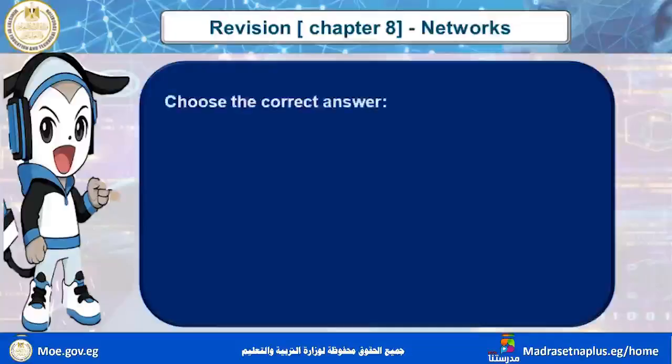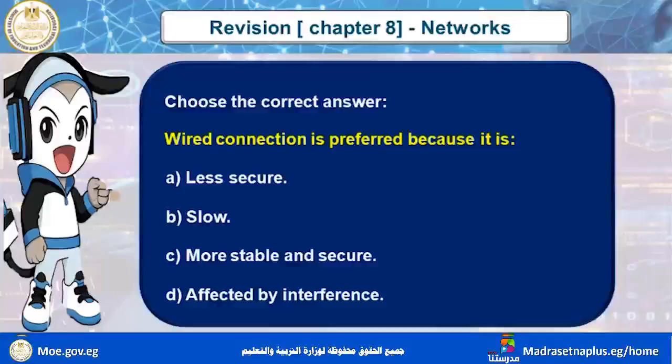Choose the correct answer. Wired connection is preferred because it is less secure, slow, more stable and secure, affected by interface. Yes, correct. It's more stable and secure.